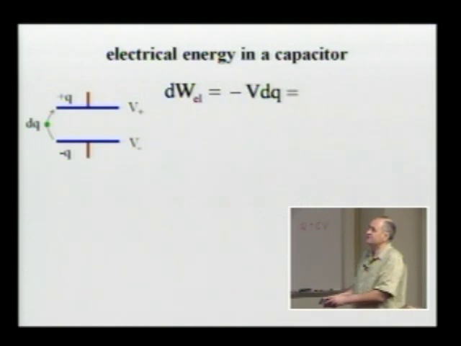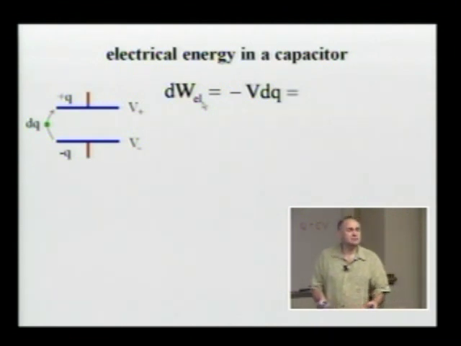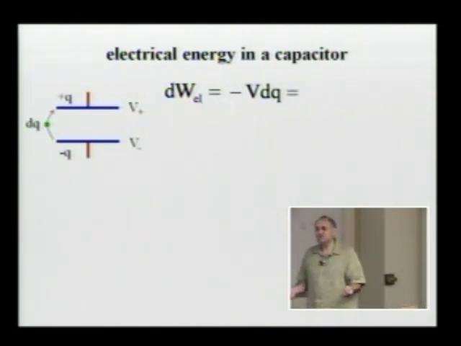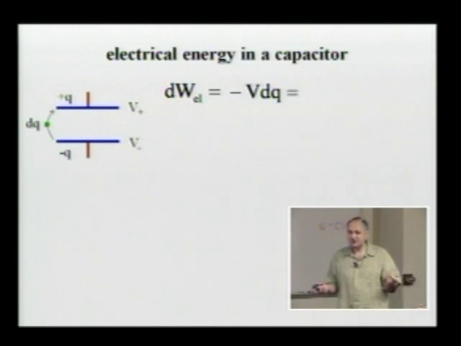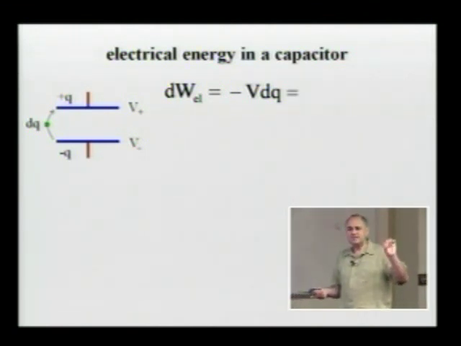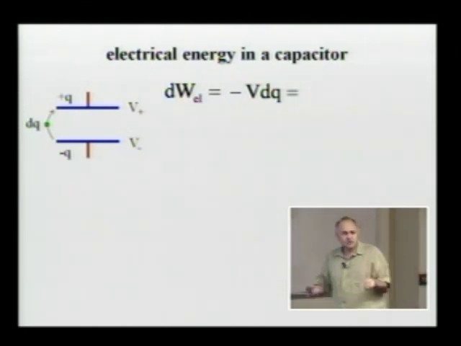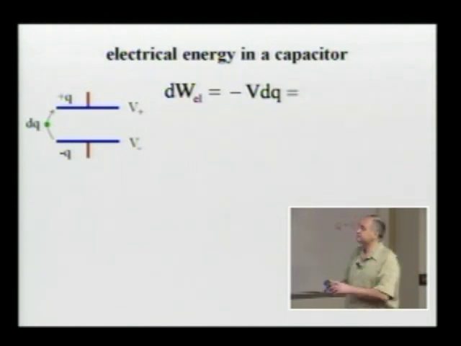So this is V plus times dq minus V minus times dq. I can factor out dq and I will have V plus minus V minus, which will give me potential difference between the two plates. And minus is from the definition of potential energy. Recall that potential energy is defined in such a way that the change in potential energy when an object is displaced from one location to another is opposite to the work done due to the source of potential energy.